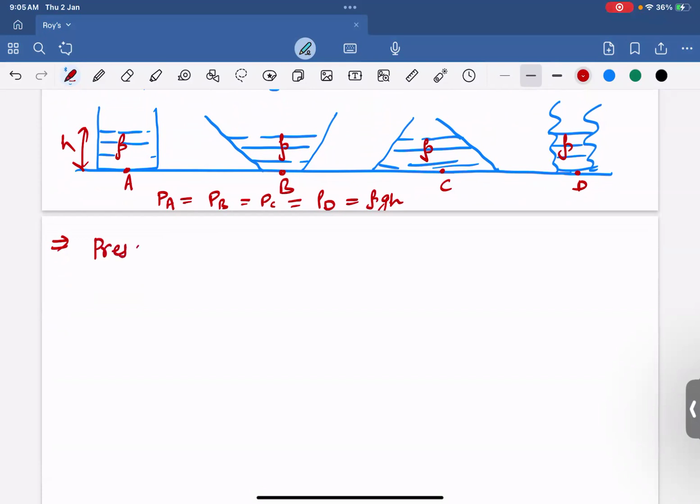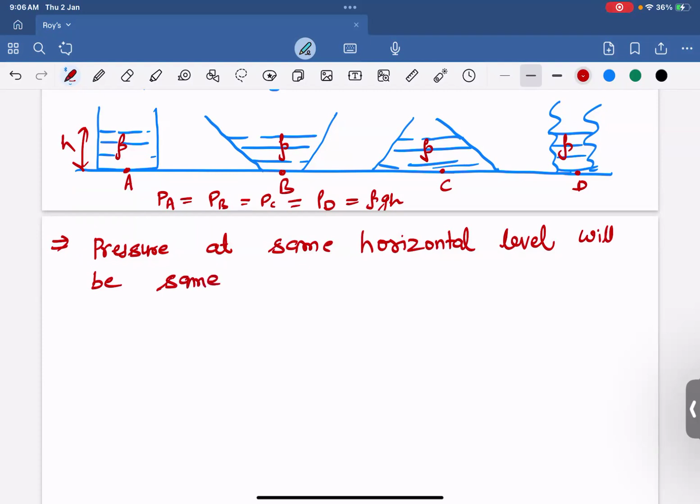Next property says that pressure at the same horizontal level will be the same.